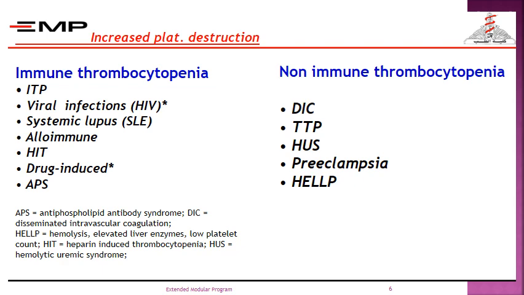Non-immune thrombocytopenia includes disseminated intravascular coagulopathy, thrombotic thrombocytopenic purpura, hemolytic uremic syndrome, preeclampsia, and HELLP syndrome. HELLP is an abbreviation for hemolysis, elevated liver enzymes, and low platelet count.